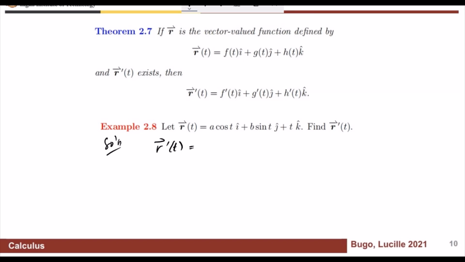The derivative of a cosine t with respect to t is negative a sine t i hat. For the derivative of b sine t, we just take out the b, and the derivative of sine is cosine, so we have b cosine t j hat. The derivative of t with respect to t is just 1, so we are left with k hat. So this is our r prime of t.